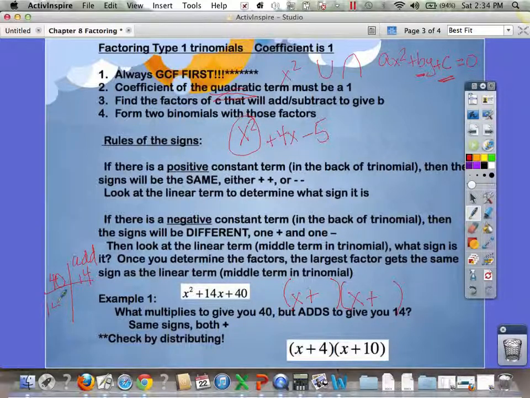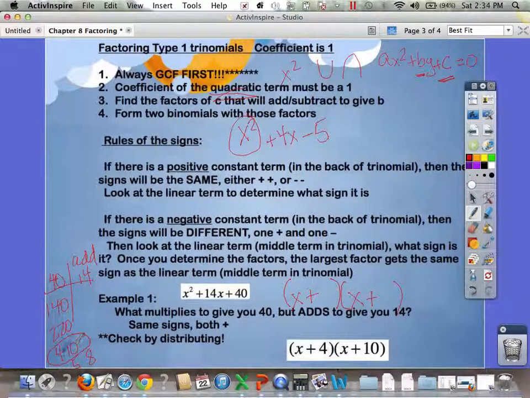Well, that's 1 and 40, 2 and 20, 4 and 10, 5 and 8, okay? Those are some of the things that multiply to give you 40. But I need a set of these that's going to add to be 14. So 1 and 40 make 41, 2 and 20 make 22, 4 and 10 make 14. So it's going to be these two.